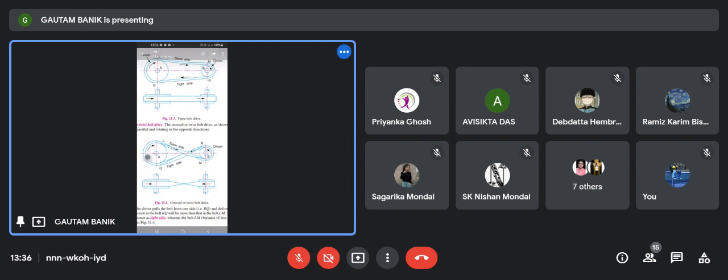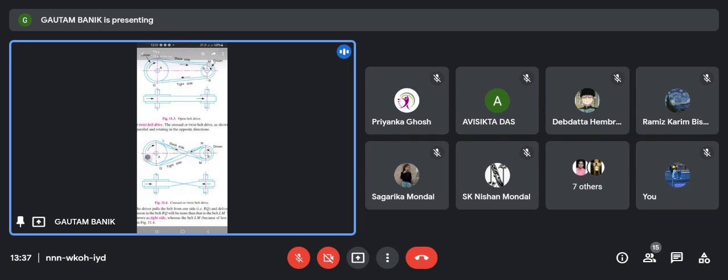There is the open belt in the top view. In the open belt drive, the two pulleys rotate in the same direction, but in the cross belt drive, the direction of the pulleys is opposite. The driver is rotating in the clockwise direction, and the driven is in the anti-clockwise direction.